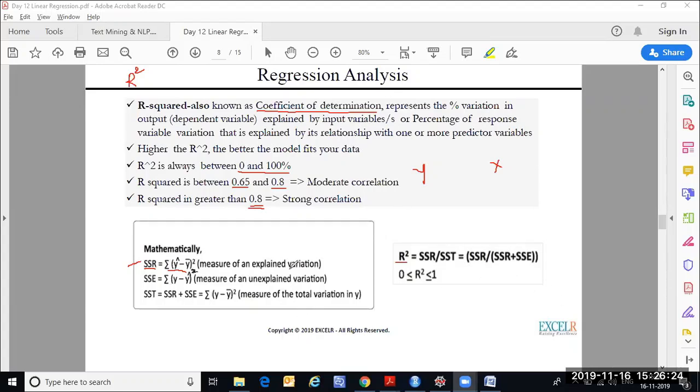It's not about error, it's about the variance that we are capturing. Remember the variance formula: summation of x minus mu whole square divided by n, right?